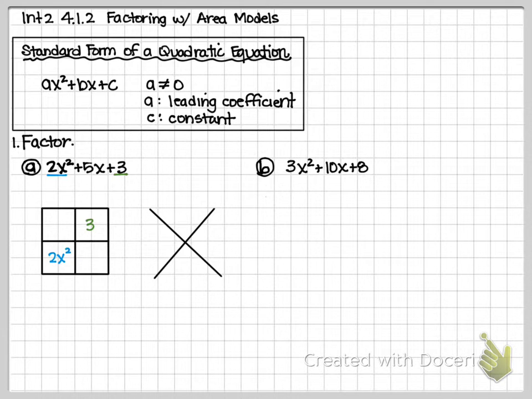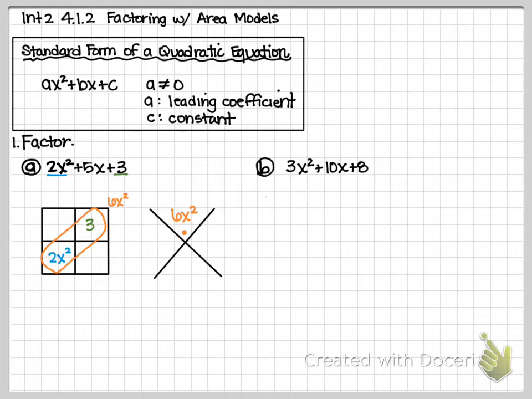So we're going to multiply the 2x squared and the 3. And whatever we get there, that's 6x squared, it is going to go into the top of the area model, which makes sense because the top of the diamond always represented multiplication, and we multiplied to get those.